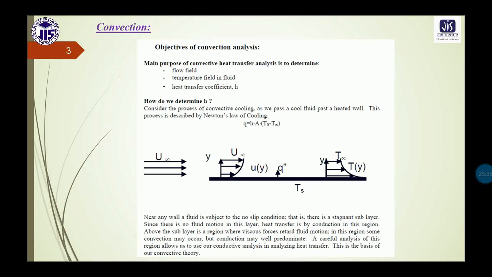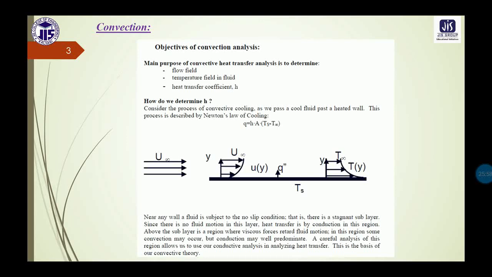Now in this diagram is the concept of the boundary layer, the velocity boundary layer and thermal boundary layer. The boundary profiles are given here. Now this capital U on the left side of this diagram is the free stream velocity.